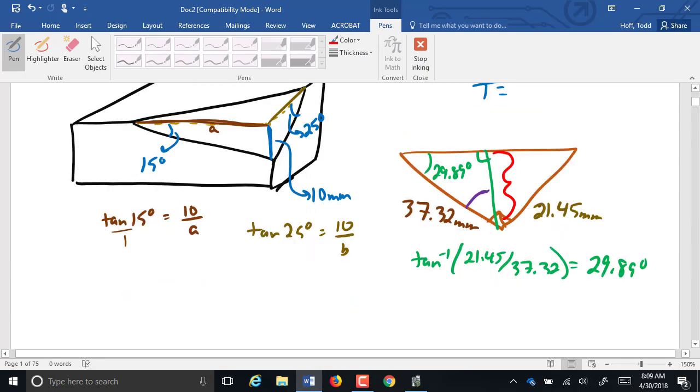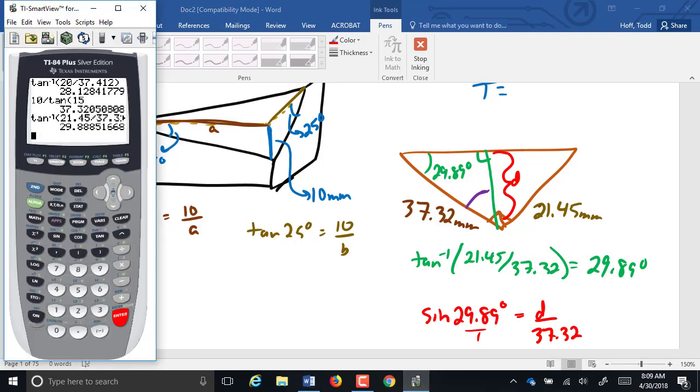That length is going to be the sine. 29.89 degrees equals, call that little d, so d over the 37.32. Put that over 1, so it's just going to be 37.32 times the sine of 29.89. Divided by 1 won't change anything, so it's going to be 18.60.